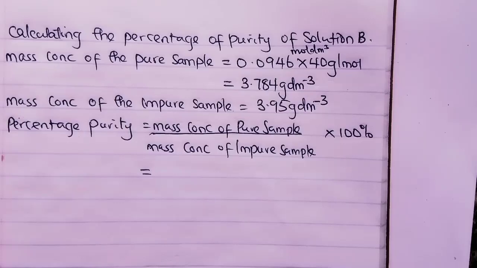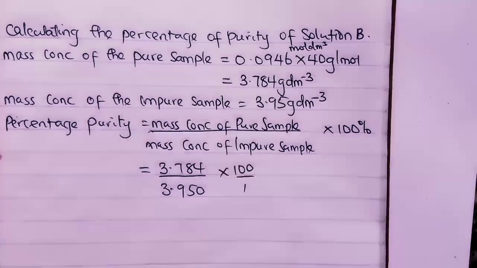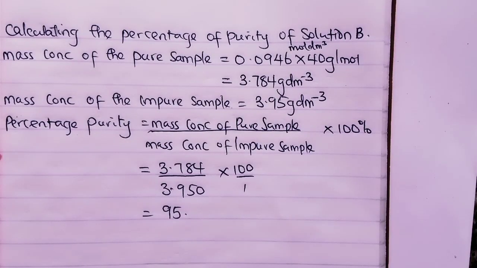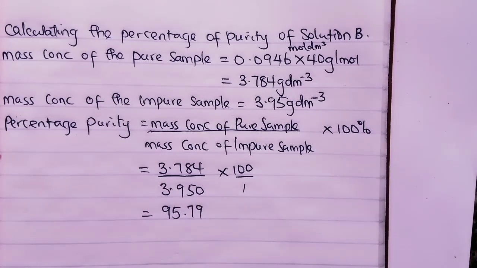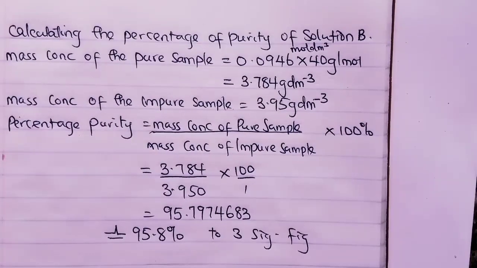Inserting the values, we have 3.784 over 3.950 times 100 over 1, which will give us 95.7974683. But we need to leave our answers in 3 significant figures. So we will have 95.8%.